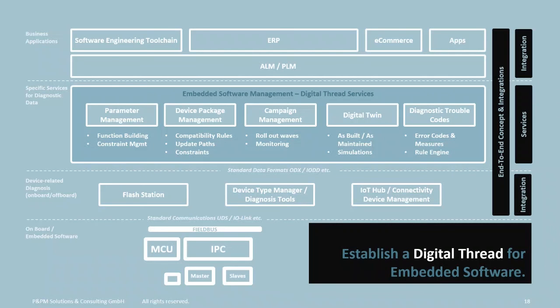So what we just highlighted is the parameter management subject in our digital thread service landscape, where we from P&PM offer a solution running on the cloud platform, the device parameter manager. And going forward, if you're interested, we are now working on what we call our device package manager.